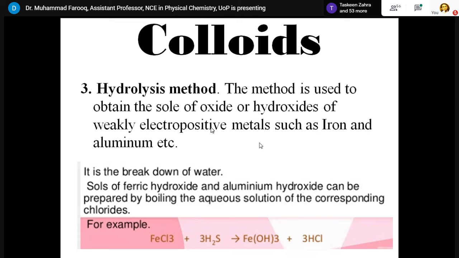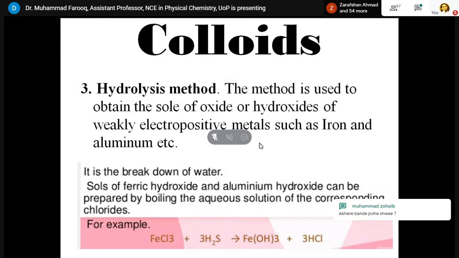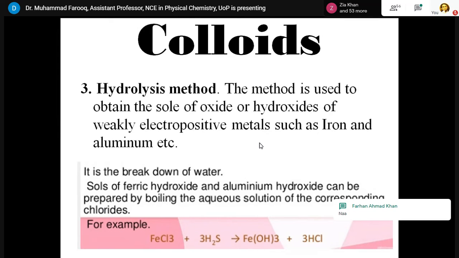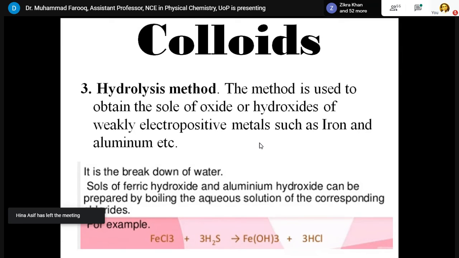Hydrolysis is a process in which a material reacts with water by splitting its molecule. H2O reacts with FeCl3 to form iron hydroxide. You can see the water molecule splits into opposite ions and then reacts with iron to form its hydroxide. Sols of iron hydroxide and aluminum hydroxide can be prepared by boiling the aqueous solution of the corresponding chloride.